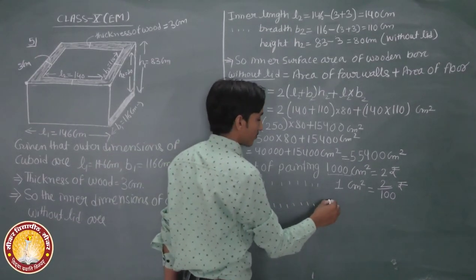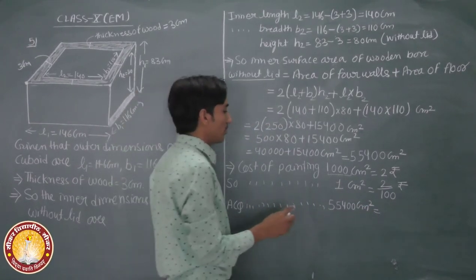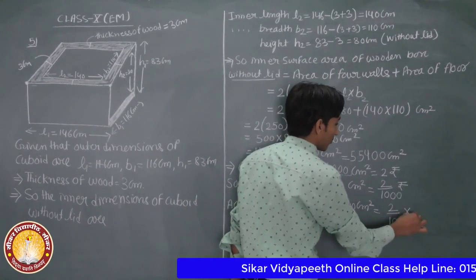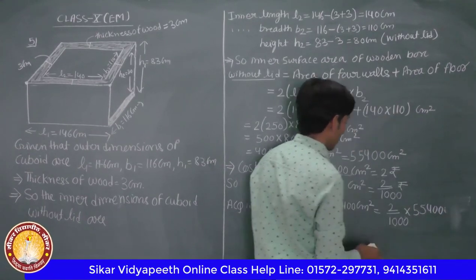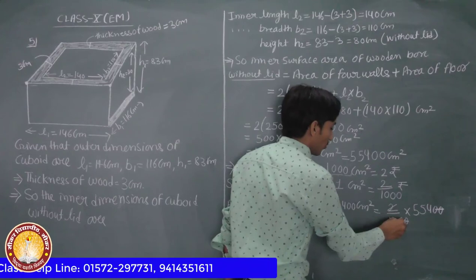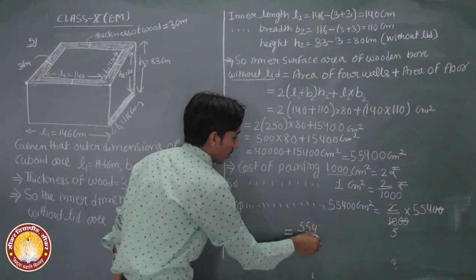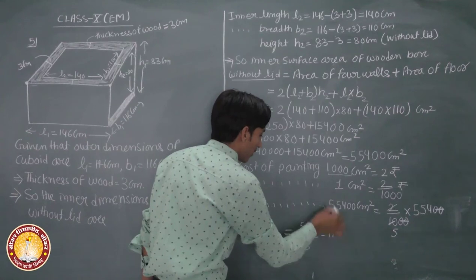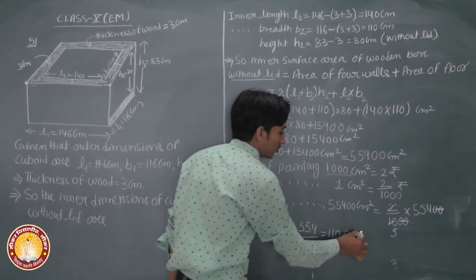According to the question, cost of painting 55400 centimeter square is 2 upon 1000 into 55400 rupees. Dividing, 554 upon 5 is 110.80 rupees.